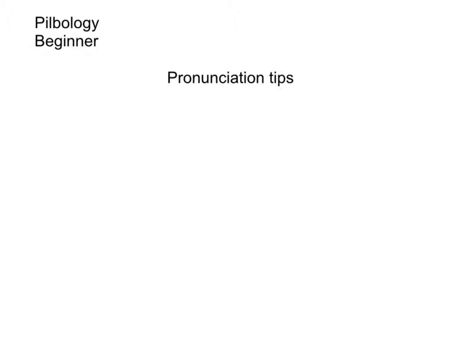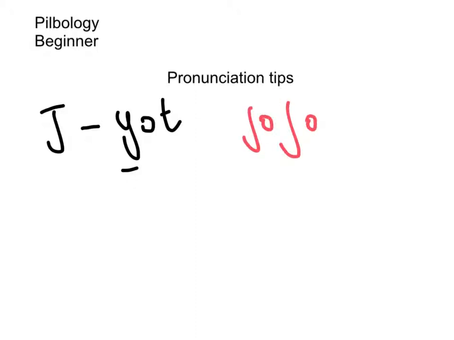The first example that I want to touch on is the J. And in the alphabet, this is the yot. Yot. Now, the thing to note here is that it sounds like a Y. And that's because it is, for us English. So a yo-yo, for example, would be a yo-yo, not a jojo.